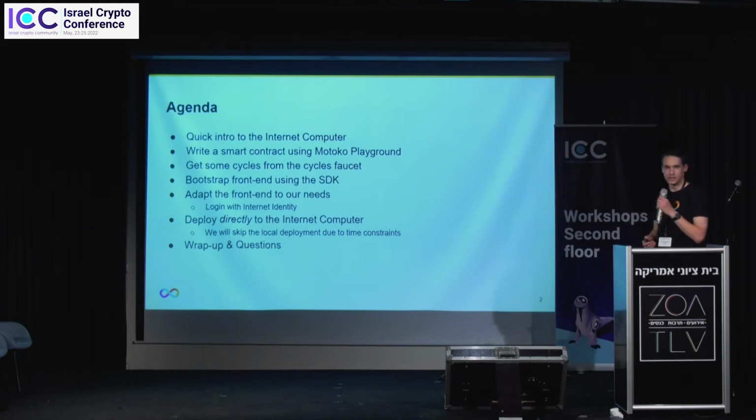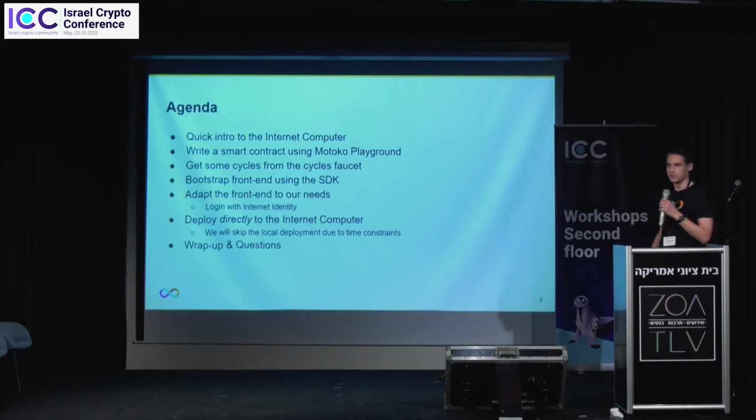And after that, we'll get some cycles from the cycles faucet. So the promo code that you just received is valid there, or you can also register with your Twitter handle. Then we will bootstrap the front end with our SDK. Afterwards, we'll adapt the front end to our needs, make some changes there. We will integrate with Internet Identity being the identity provider of the internet computer, basically a platform service that we offer as well.